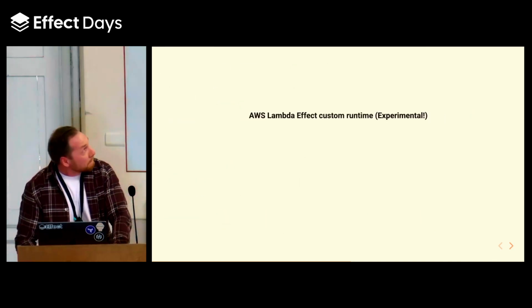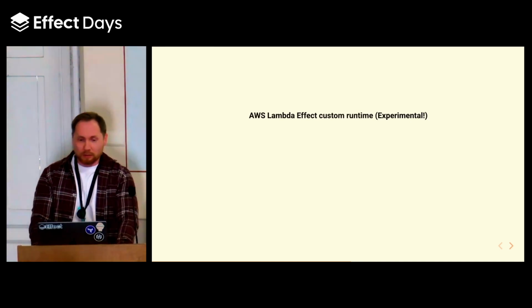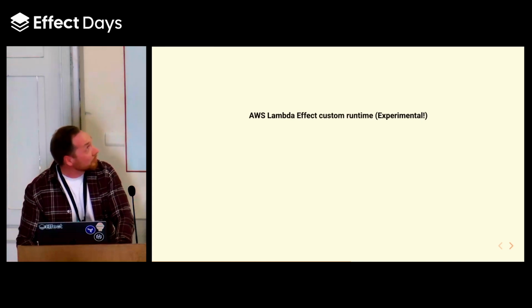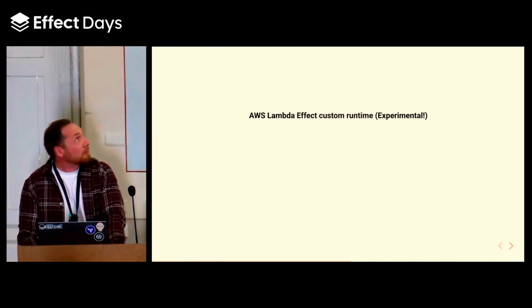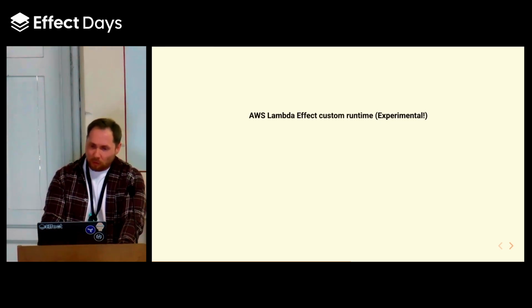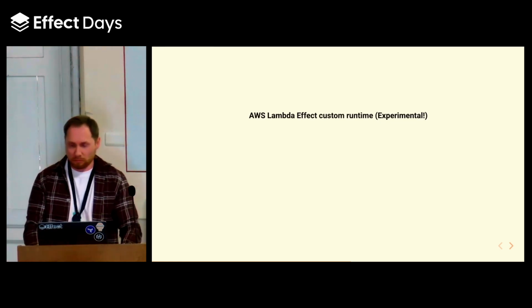But this is not the only way to do this, and I want to introduce the AWS Lambda Effect custom runtime. While I was preparing the slides, I actually got an idea.